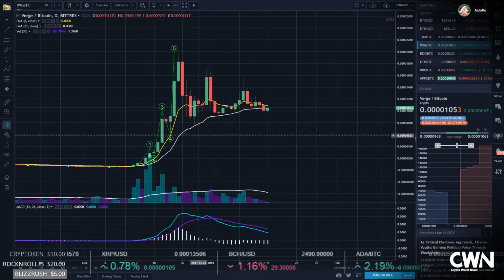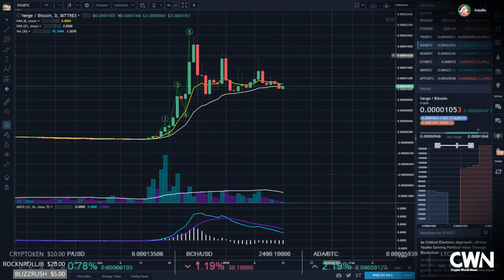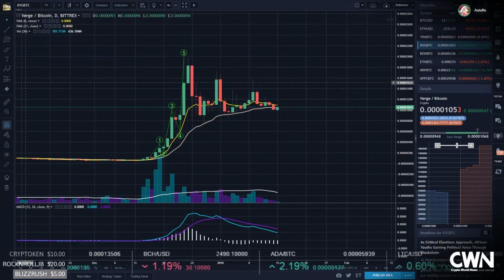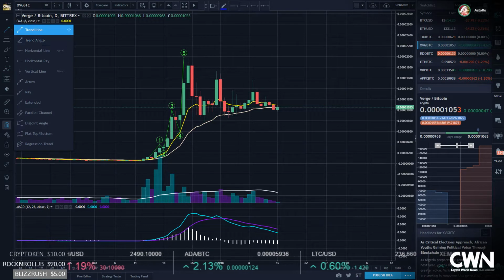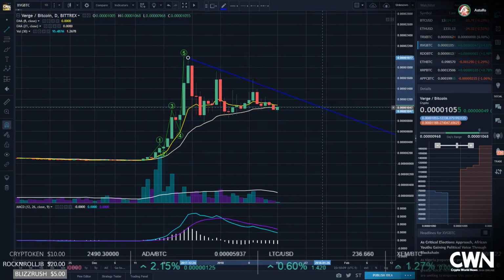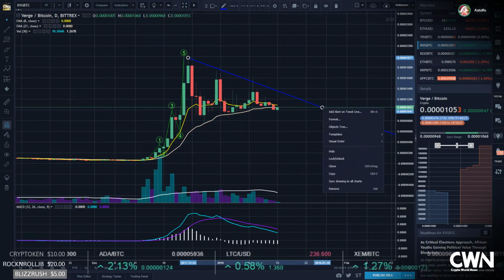I generally like to look at the daily, everybody, daily or weekly charts. But that 5 up looks good. This does look like a triangle here. We've got our down sloping upper trend line there.